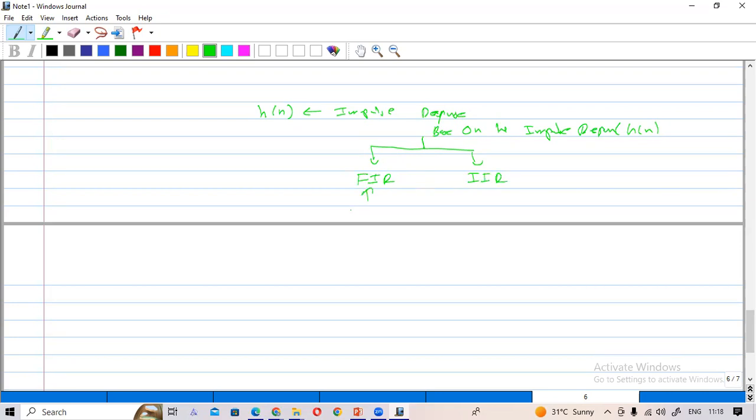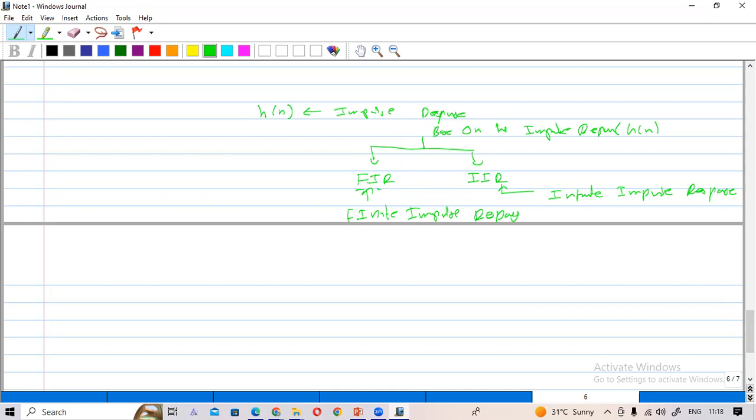FIR means finite impulse response. IIR means infinite impulse response. Finite impulse response and infinite impulse response.